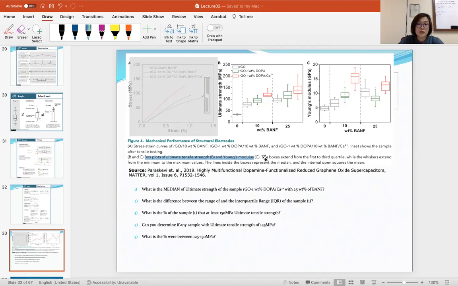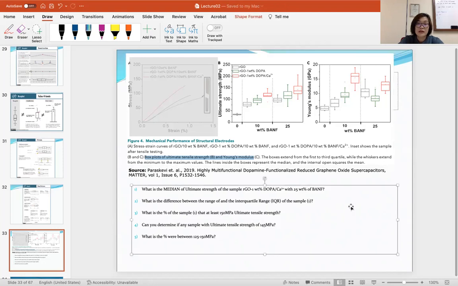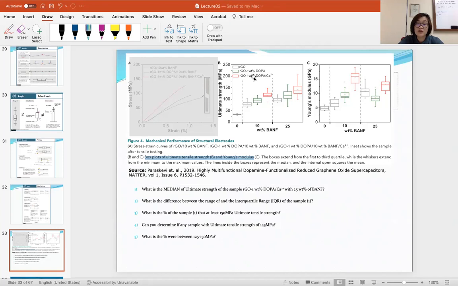Okay, so in this graph, there is a lot of information we can extract. For example, what is the median ultimate strength of the sample of RG, 1% of weight, DOPA, CAT 2 positive with 25% of band?